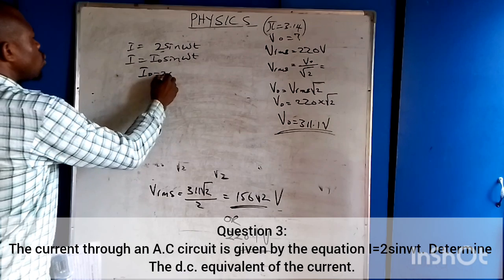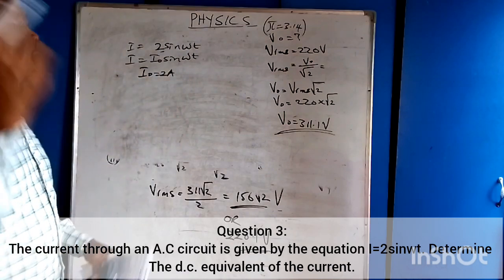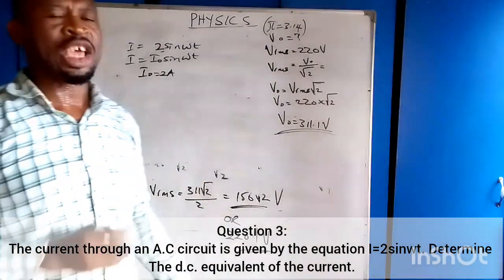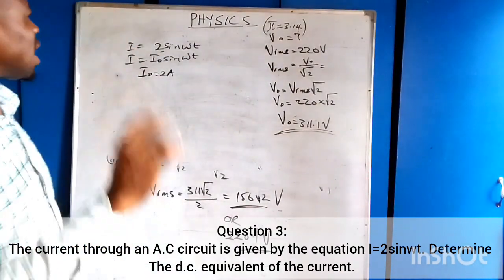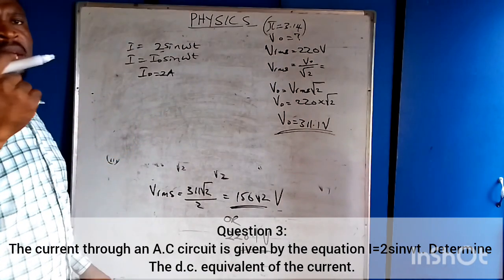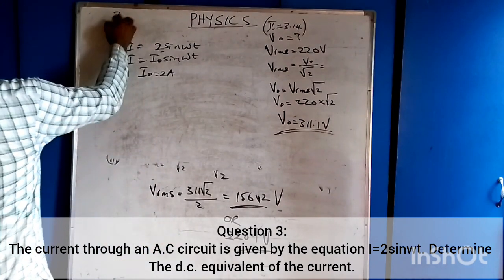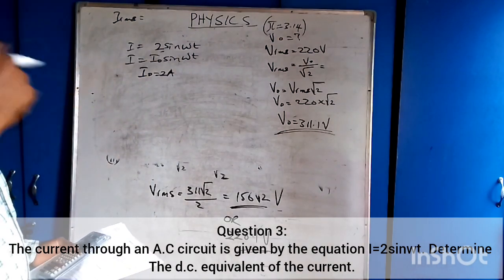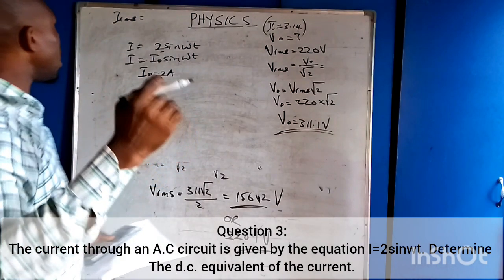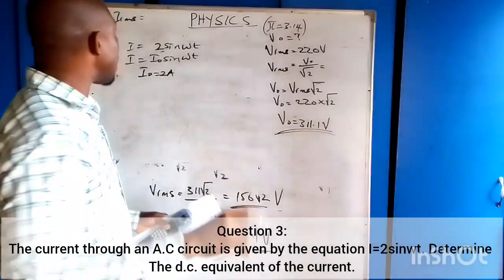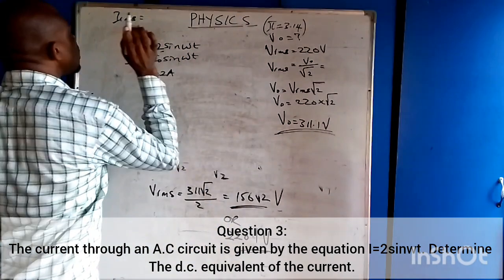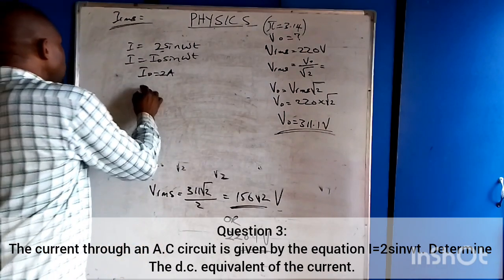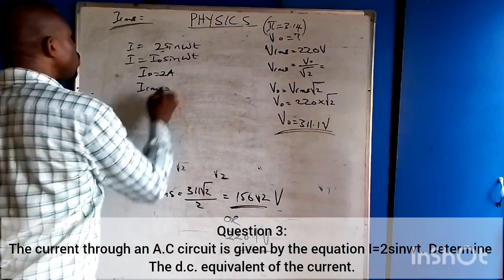That means I naught is 2 ampere. What we are asked to get is the DC equivalent. Remember the DC equivalent from the IRMS definition: we say that it's the direct current that would dissipate the same heating effect per unit time. So the DC equivalent is the IRMS. That is what we're looking for.